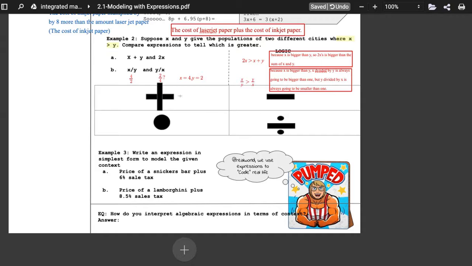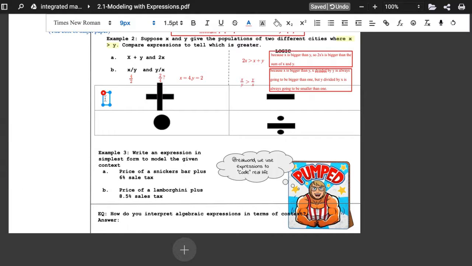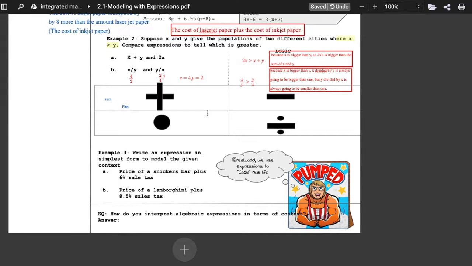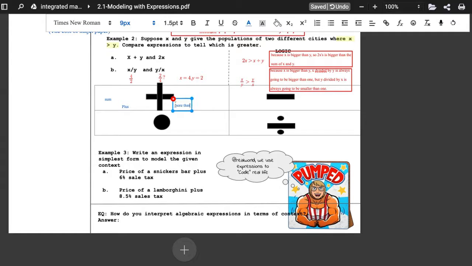All right, so just some different words that we can throw in that mean different things. For example, for adding, we have the word sum. Sum is for add. We also have plus, more than, add.